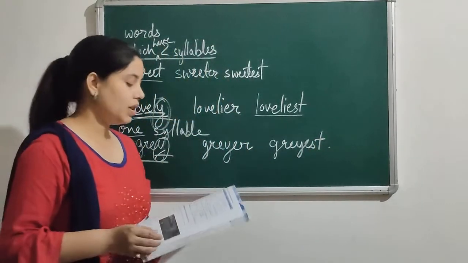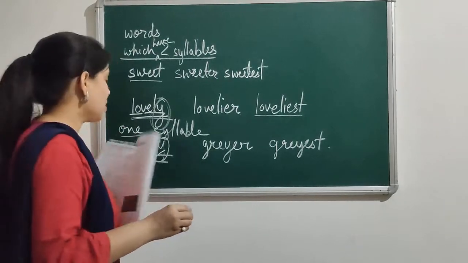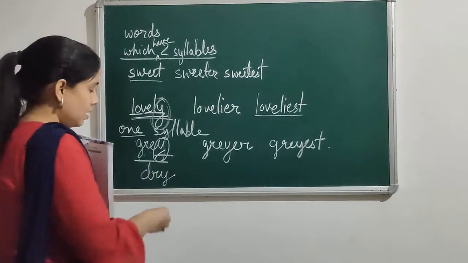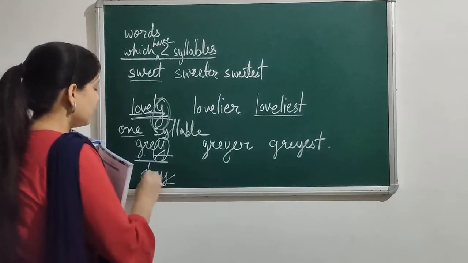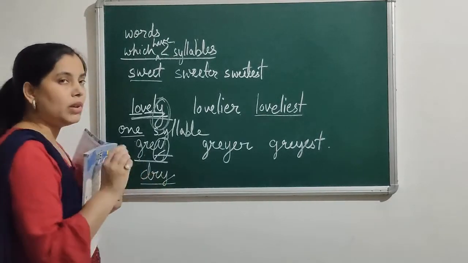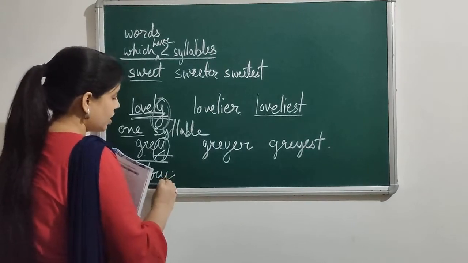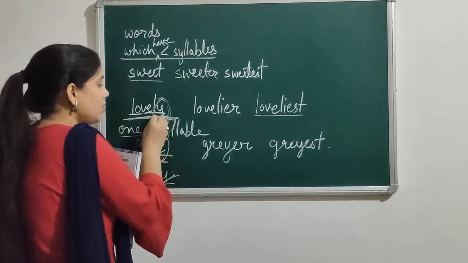But, dear students, there is an adjective which is dry. This is the only exceptional case in which the word has only one syllable, but still we will follow the procedure of the adjectives having two syllables.